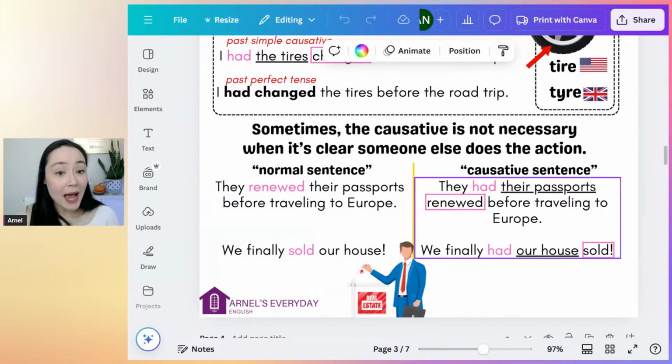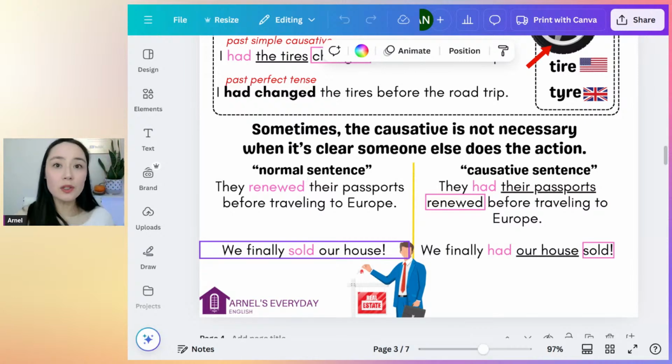They had their passports renewed before traveling to Europe. You know, in both of these sentences, it's already clear when you renew your passport, you don't personally do it. You send it in and the embassy can make you a new passport. You don't always need to use a causative. And the reason I'm telling you this is I've seen a few clips here and there that say, if someone else does it, you must use a causative. If it's obvious, not always.